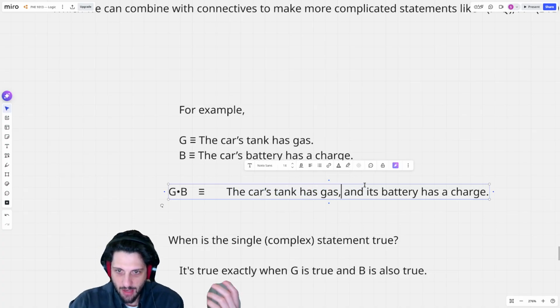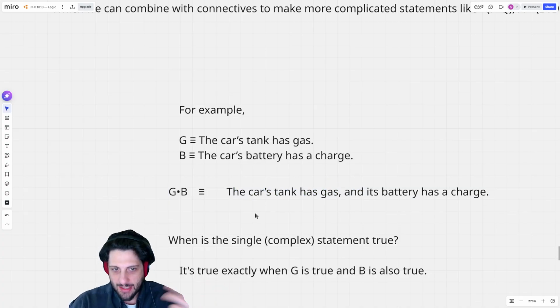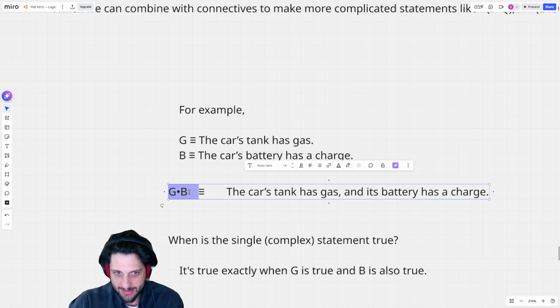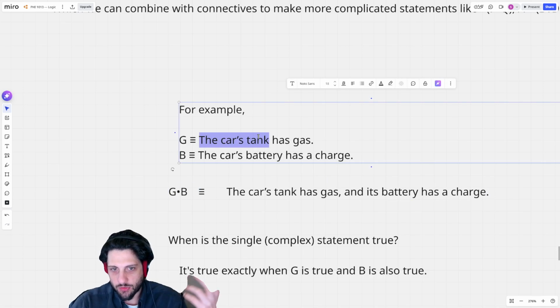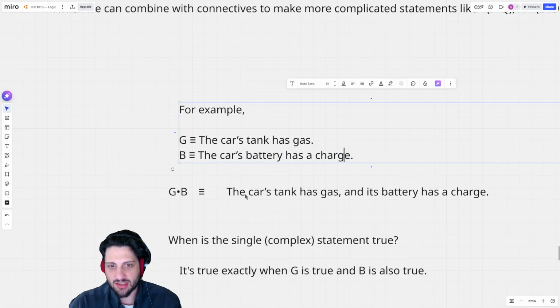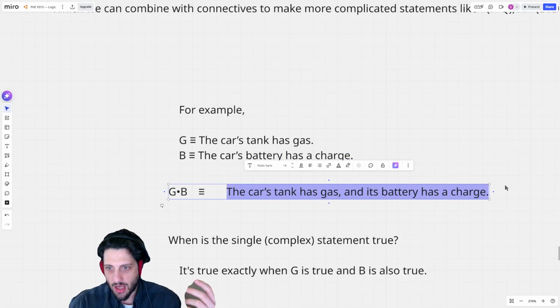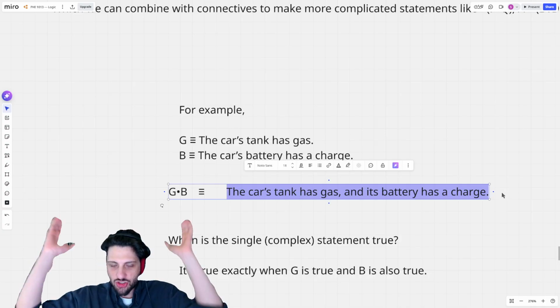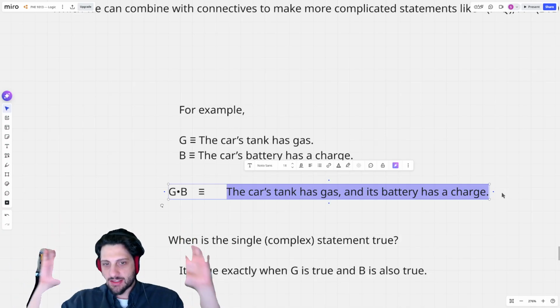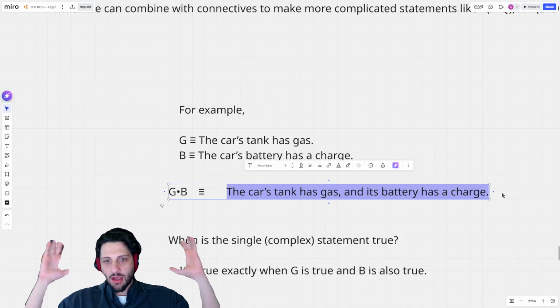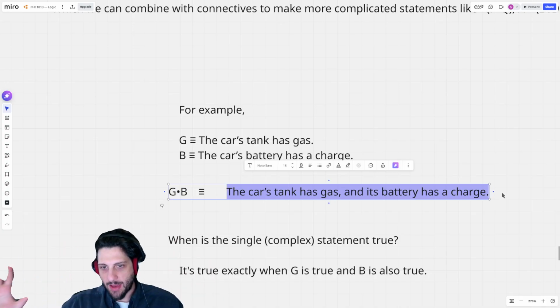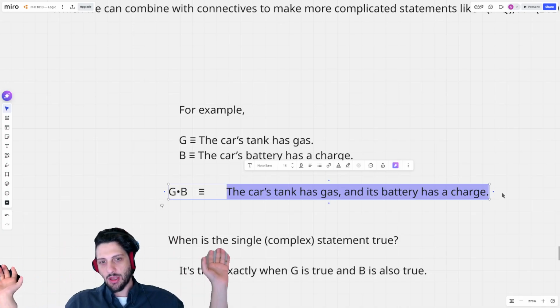That's how we translate that statement, and we can think about not only the truth value of G alone and of B alone, but also the truth value of the complex statement G and B.